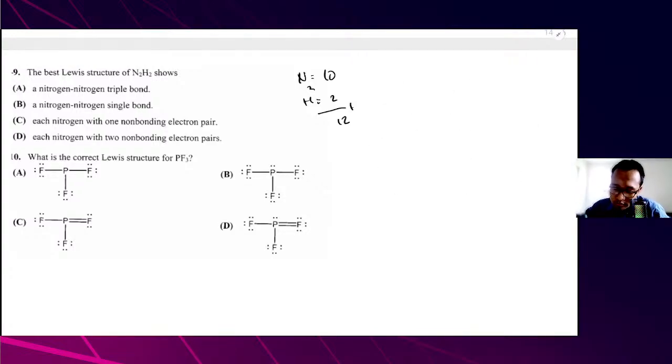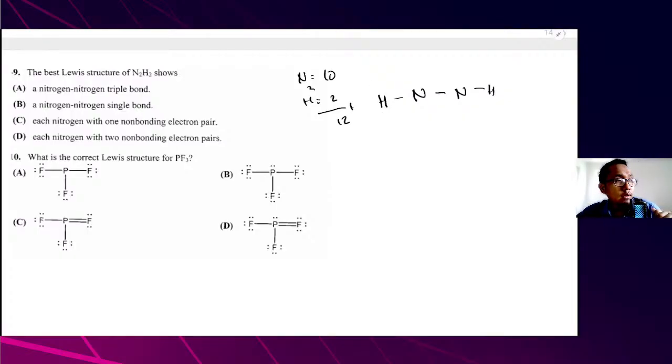Okay, let's do it again. N is 5, right? 5, 10, H2, so 12. The total is 12. So everything should be pairing. Now each nitrogen has, try the nitrogen together with a single bond. Attach hydrogen to each nitrogen. So it will be like this first.